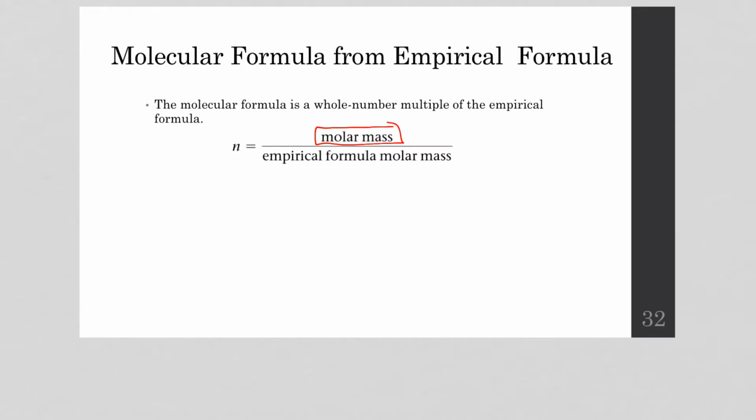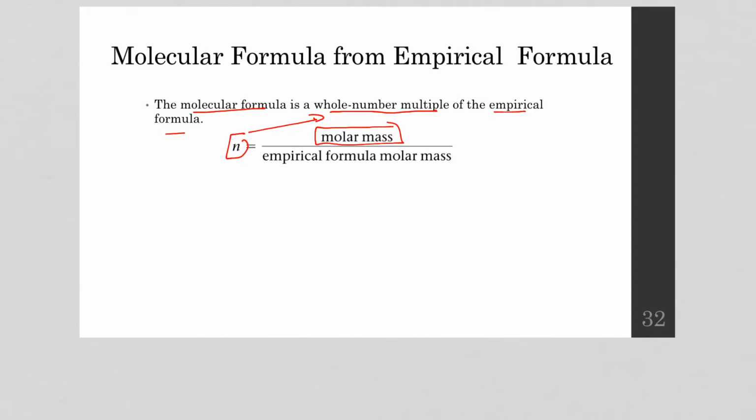If all we know is the data that we've had before, we can get to the empirical. But the molecular formula is always a multiple of the empirical formula. Remember, the empirical formula is just the simplest ratio. So the actual molecular formula is either going to be the same, or twice that, or 3 times, or 4 times, etc. So it's always going to be a whole number multiple. The key is to figure out what that whole number is, and that's where n comes in. So n is that whole number multiple.